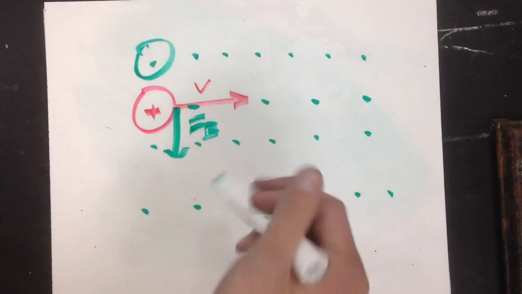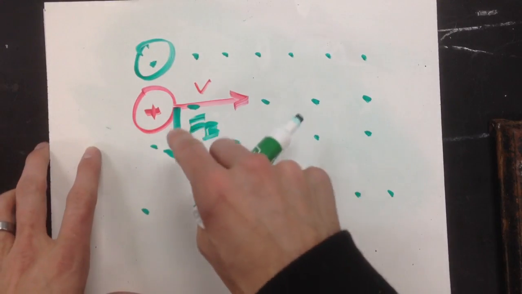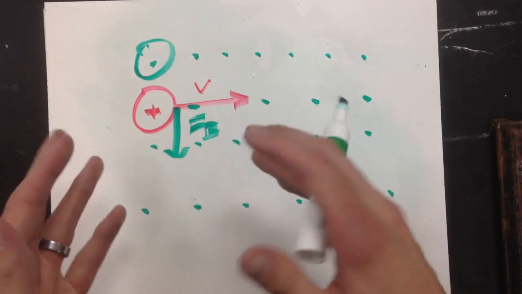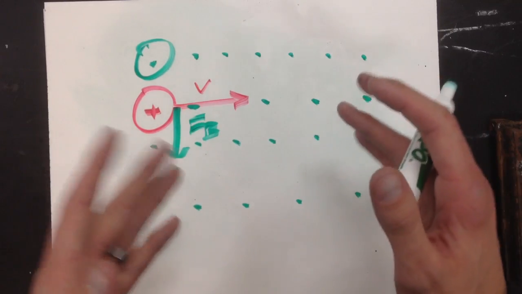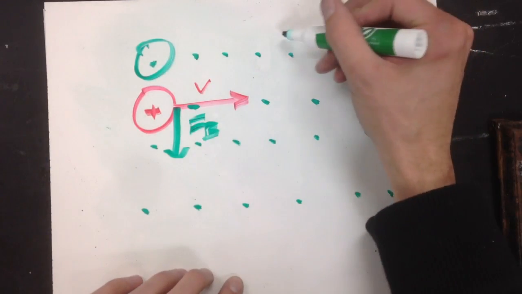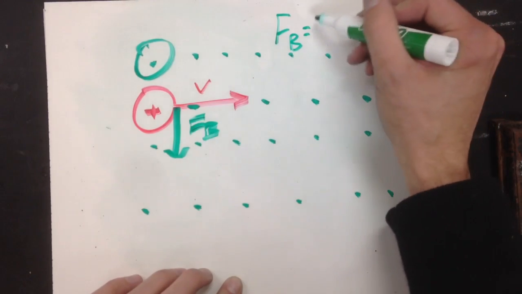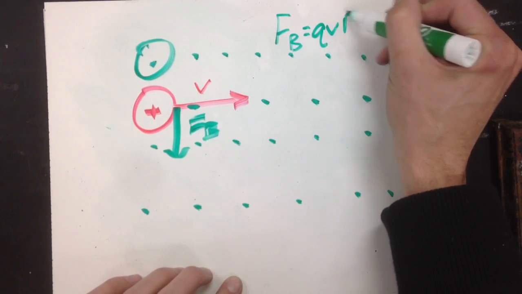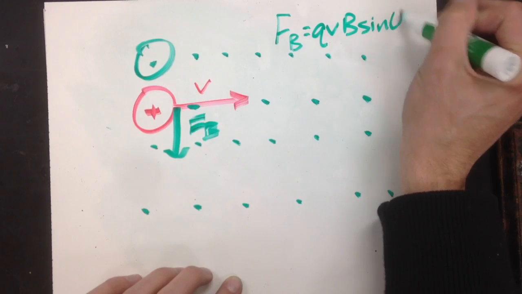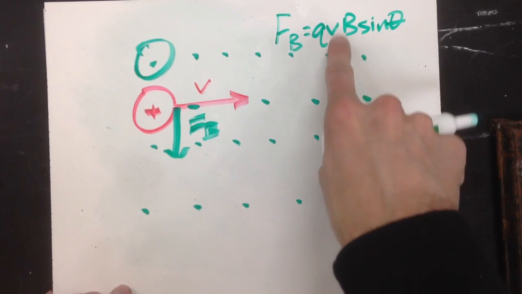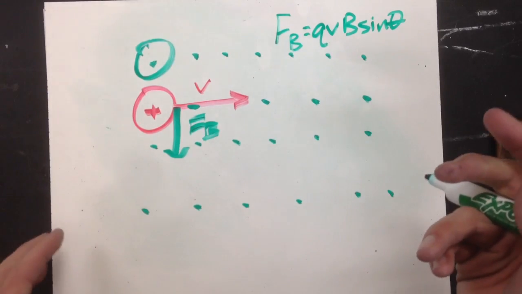Now, that force, by definition, is perpendicular to that velocity because magnetic force is a cross product of velocity and magnetic field. The magnetic force on a charge is QVB sine theta. Now in this case, the angle between magnetic field and velocity is 90 degrees.